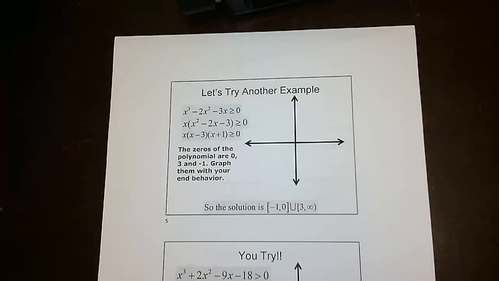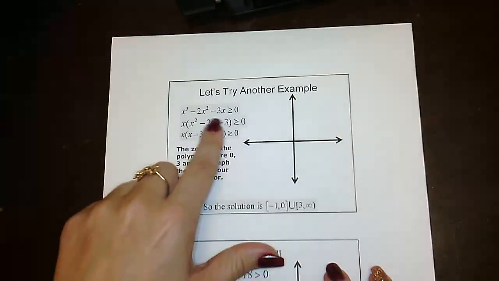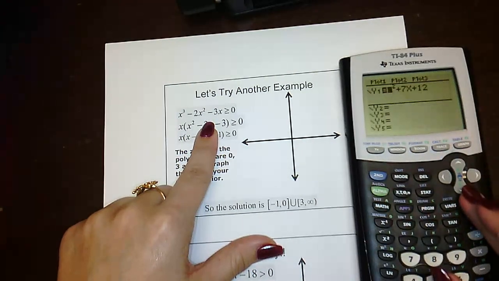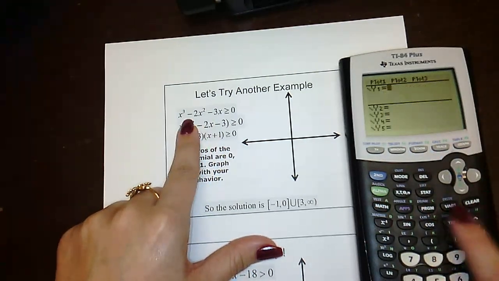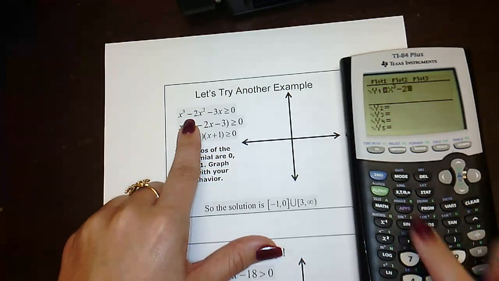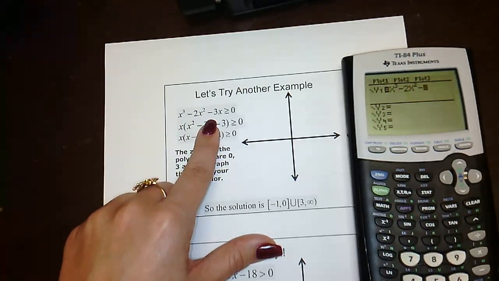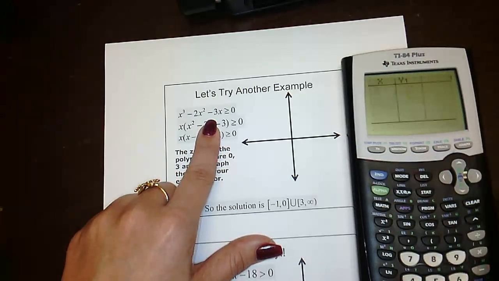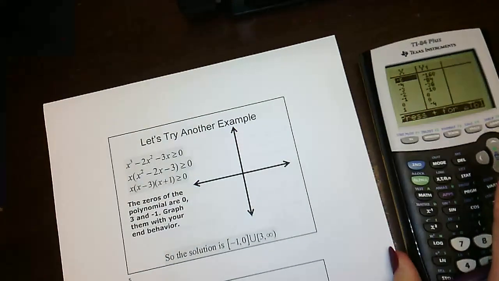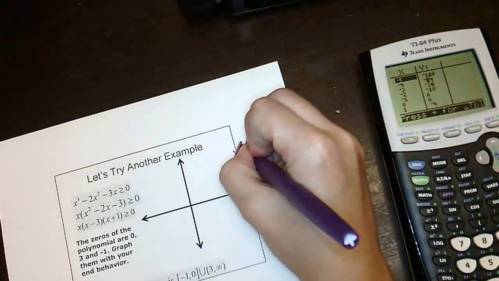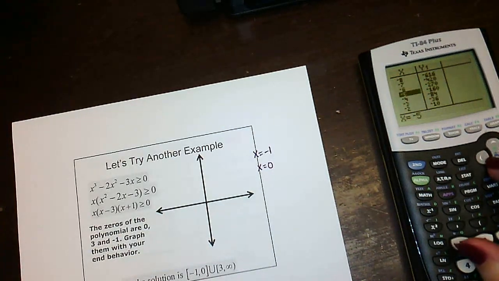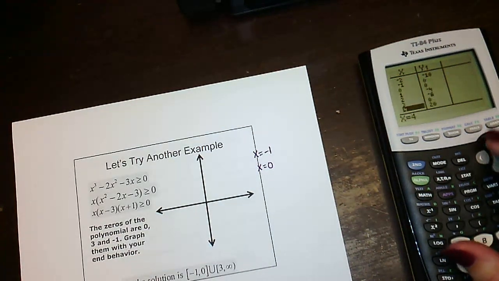So for this one, we want it to be in standard form. It already is. Then we're going to factor this out. So y equals x to the third power minus 2x squared minus 3x. And I look and see I have a solution at negative 1, a solution at 0, and then I have another one at 3.